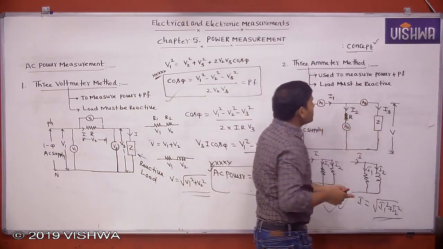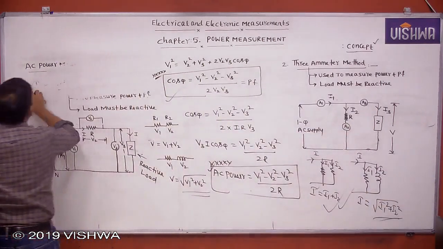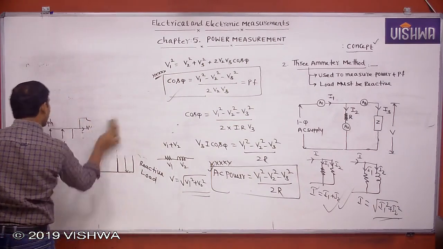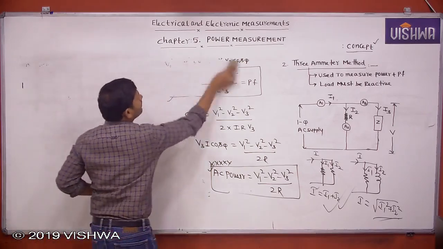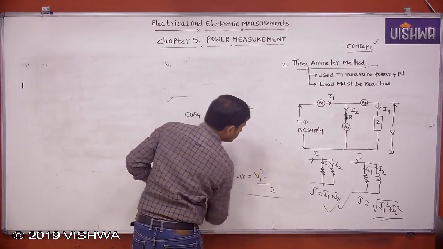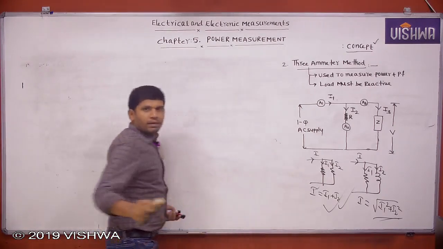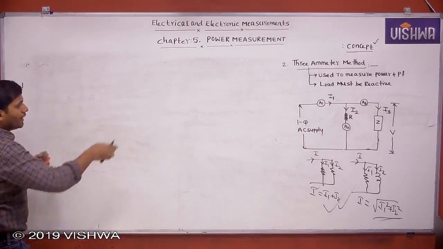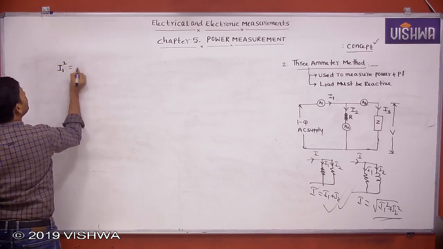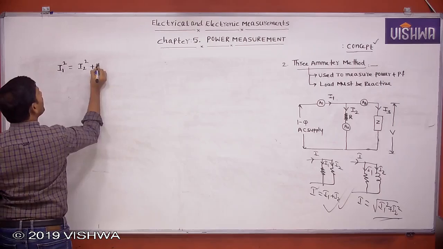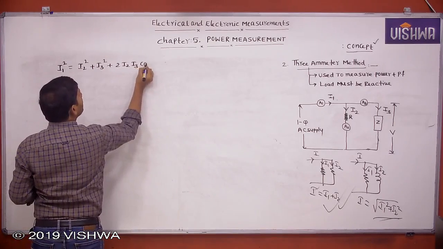Now I want to write the expression for I1. Then according to the parallelogram law, how to write, you tell me? According to the parallelogram law, I1 square equals I2 square plus I3 square plus 2 I2 I3 cos phi.